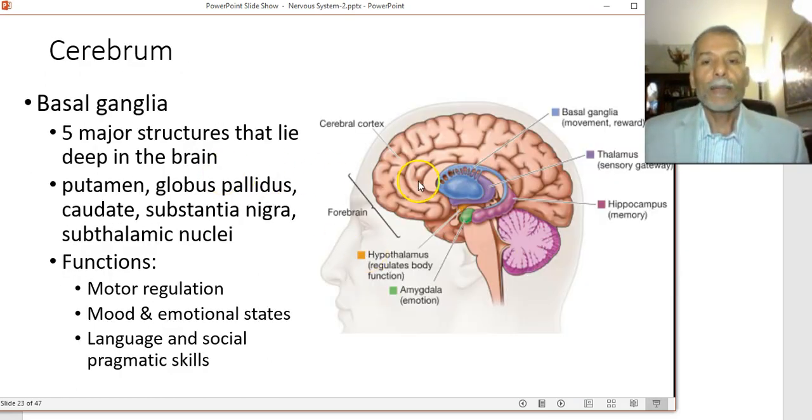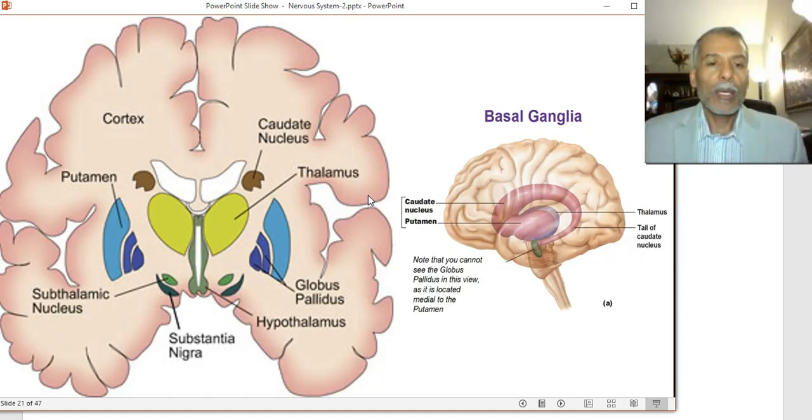The basal ganglia, these structures here, you don't have to know the names of all of them, but generally these structures, they don't include the hippocampus. They are 5 major structures. You can see them again here.